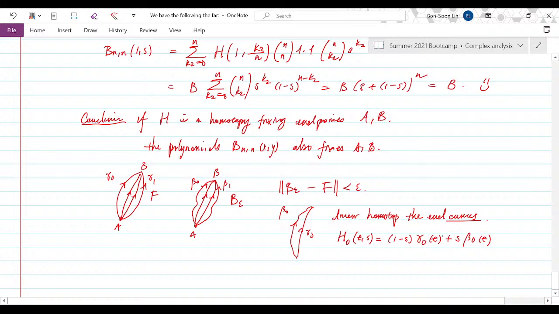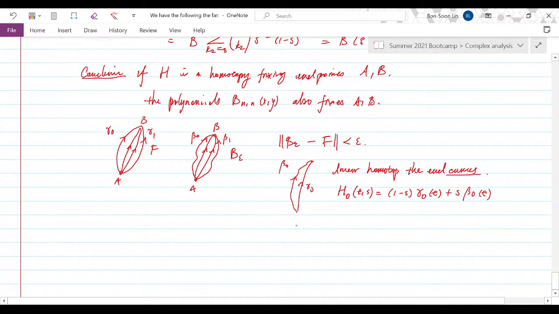Because gamma 0 is piecewise continuously differentiable all the way to beta 0, which is going to be, in fact, smooth. It's a polynomial. And similarly for the other curve, you also do the same. So I think this then fixes everything. Piecewise C1.